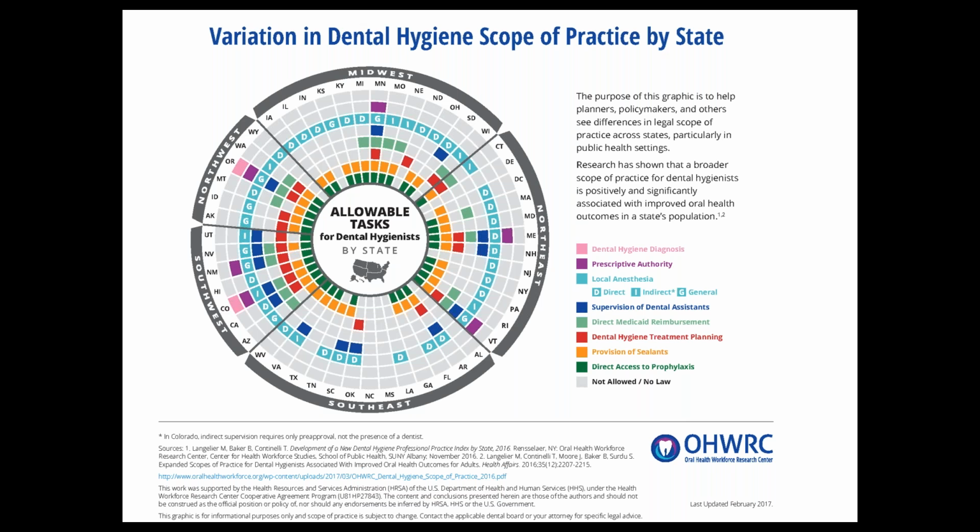Now, you've got the RDHAP, and so what I suspect is that the dental hygiene scope of practice in California, because it recognizes and allows RDHAPs, is very progressive. If you look at what they can and can't do, it's pretty extensive.